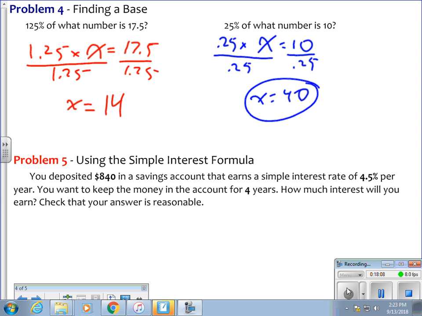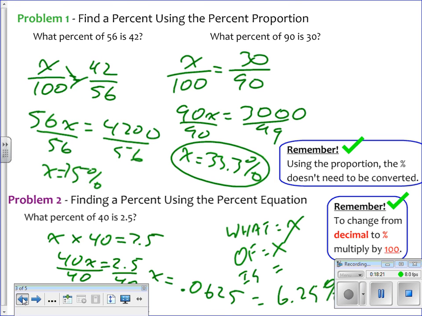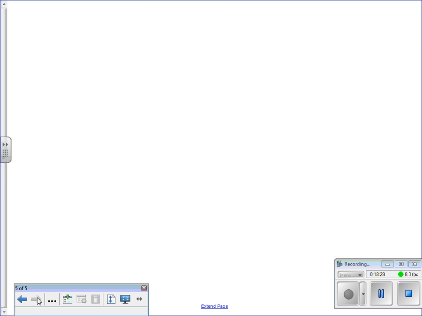If you do it right, I don't care what you do as long as you do it correctly and get the right answer. Okay? So once again, you don't have to do it like this. You could set up the proportions like this. That's fine. It'll still work. Okay?